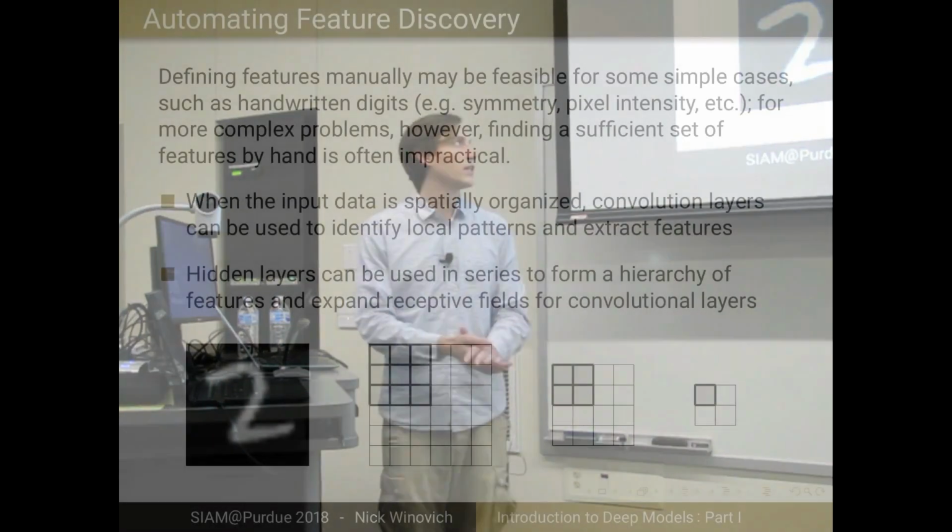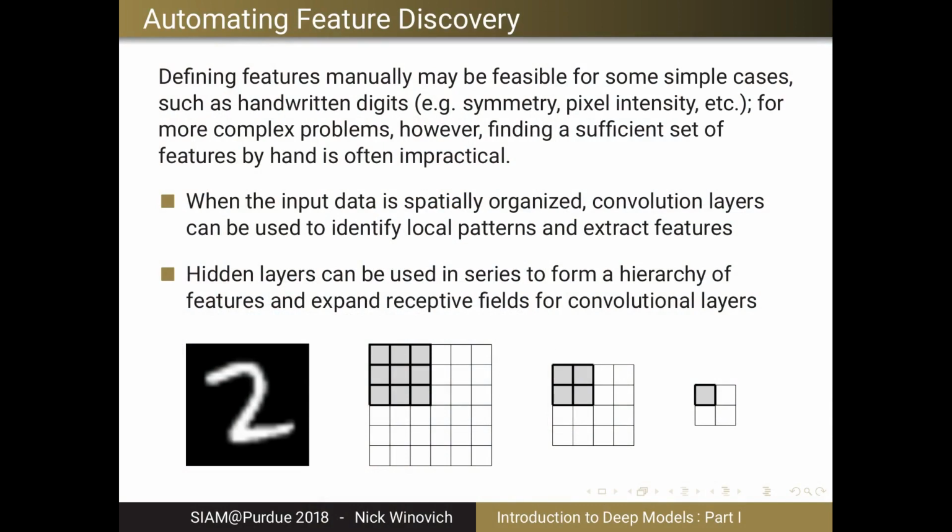A natural idea of doing this is to use something like a convolutional layer, a series of convolutional layers, which can extract or identify patterns or features which characterize the digits.